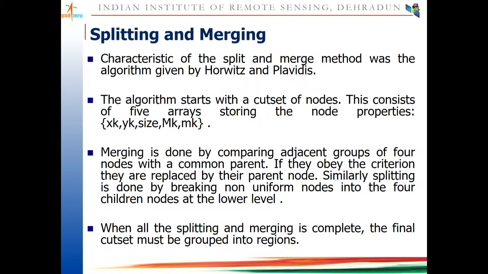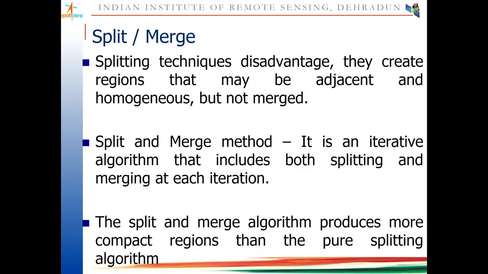Now if they fulfill the criteria, they are replaced by their parent node. Now similarly, splitting is done by breaking non-uniform nodes into the 4 child nodes at the lower level. When all the split and merge is complete, the final set must be grouped into regions.